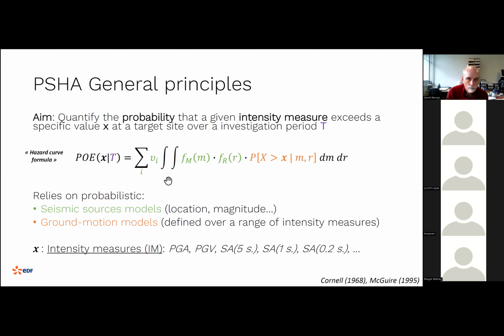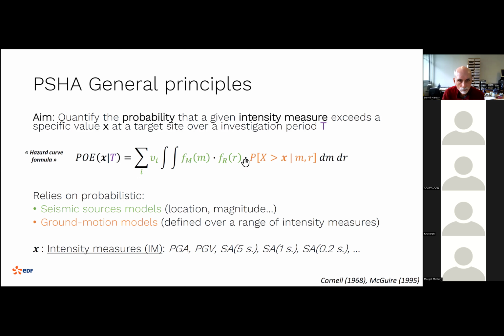With the PSHA, the idea is that you span a collection of potential seismic sources with this sigma term here, sources i, sorry. And for each source, you compute a probability based on the scenarios for source distance and magnitude.